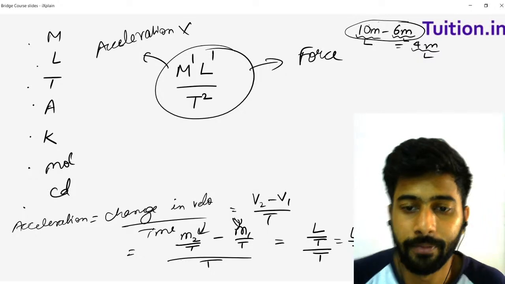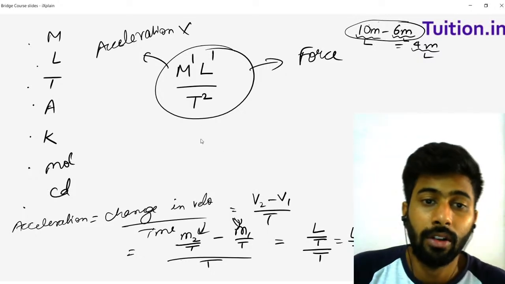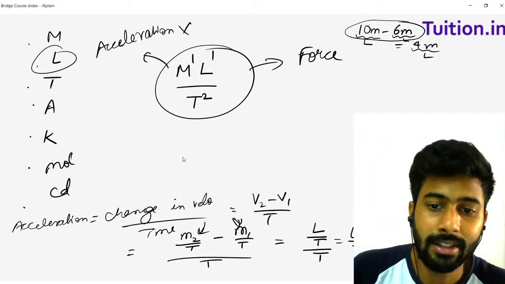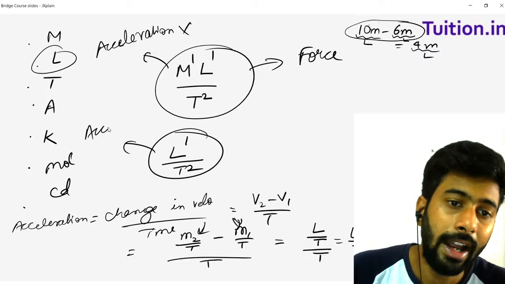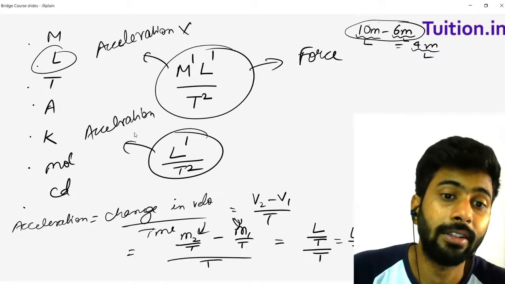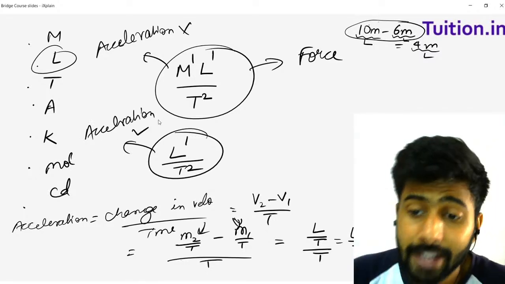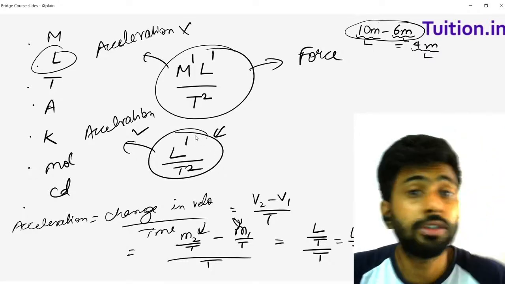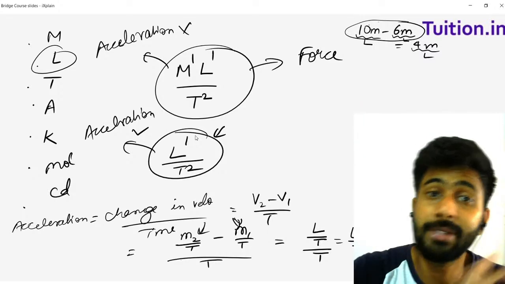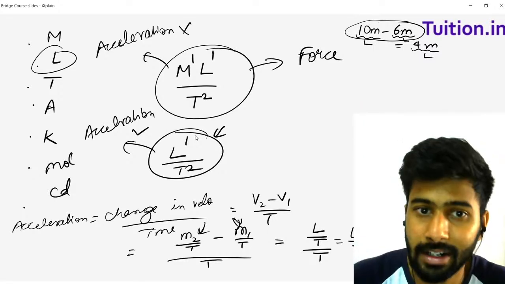Length by time square, right? So when you take length and divide that with time square, this represents acceleration and it cannot represent anything else. As much as it is important for you to understand that this represents acceleration, it is also important to understand that this cannot represent anything else other than acceleration.